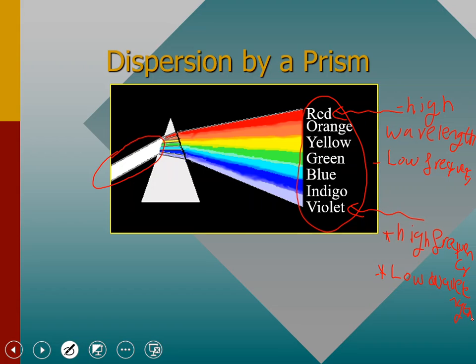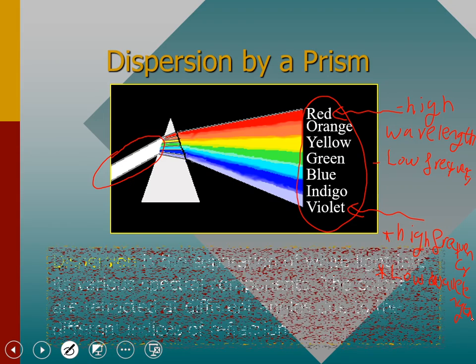So the red one has the minimum frequency within these 7 colors, minimum frequency and the maximum wavelength, while the violet color has the maximum frequency and the minimum wavelength, of course, within these 7 colors, and they are the spectrum colors, the colors simply that you can see.